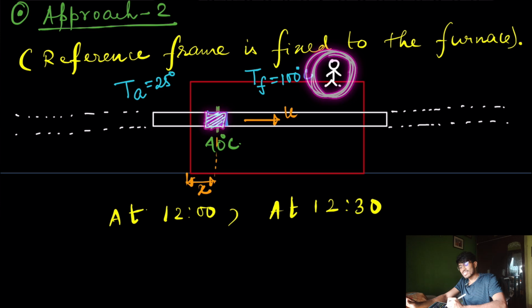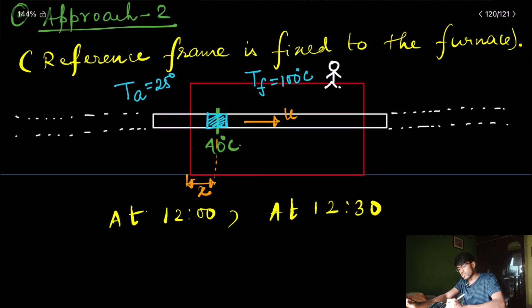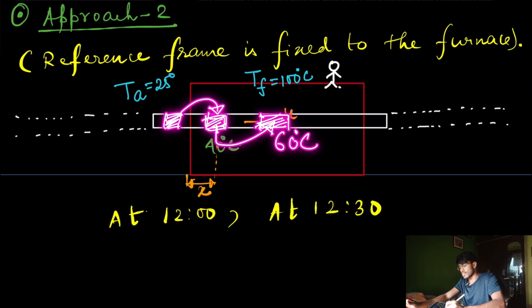So what is happening actually? A portion of the metal sheet which is at 25 degrees Celsius before entering the furnace goes to 40 degrees Celsius when it takes the place of this position. Then this portion that was here at 25 degrees Celsius and is now at 40 degrees Celsius is going forward, and the temperature has risen to 60 degrees Celsius.